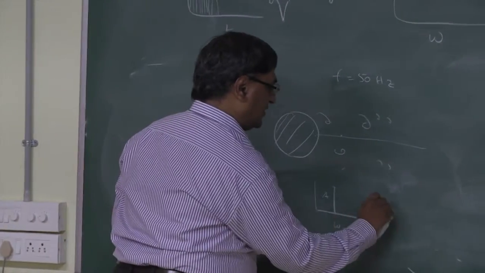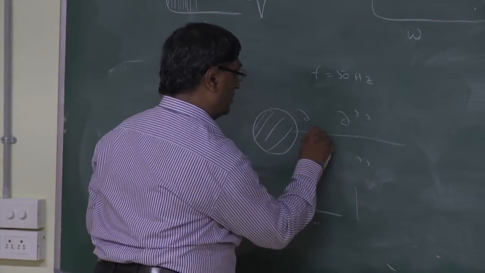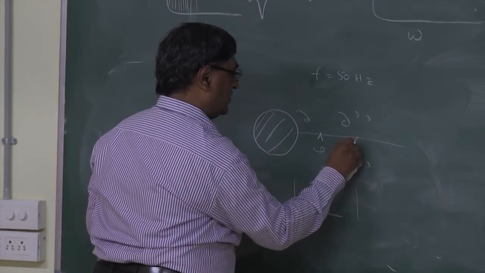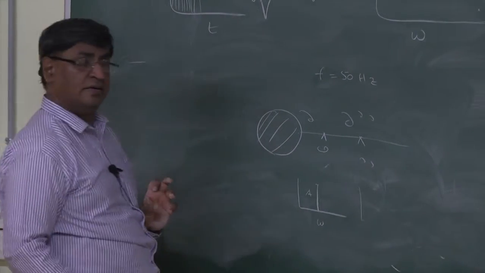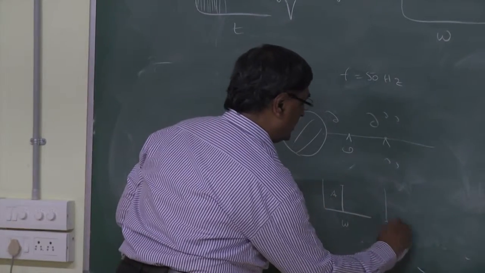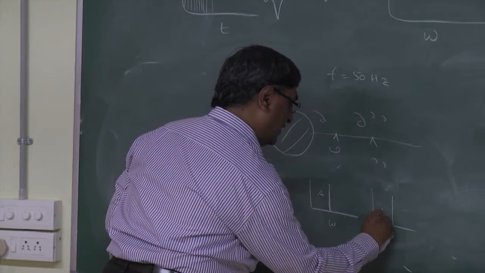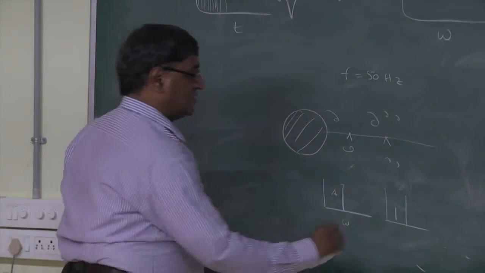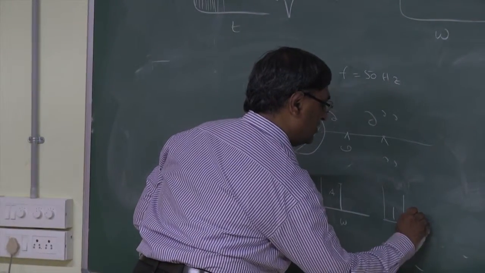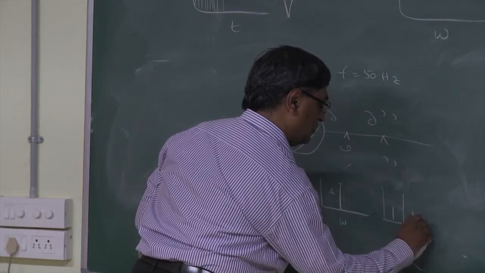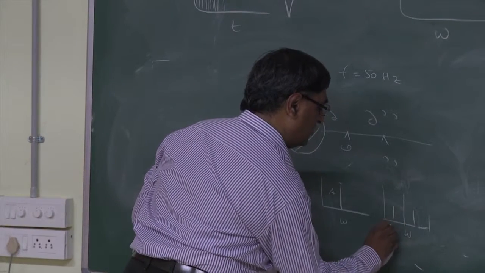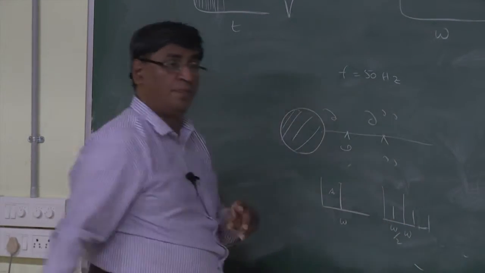If I go to another place, somewhere here, and put a probe and measure, this will give me not only the fundamental frequency, but also a subharmonic as well as some superharmonics. So I may find something at omega by 2.